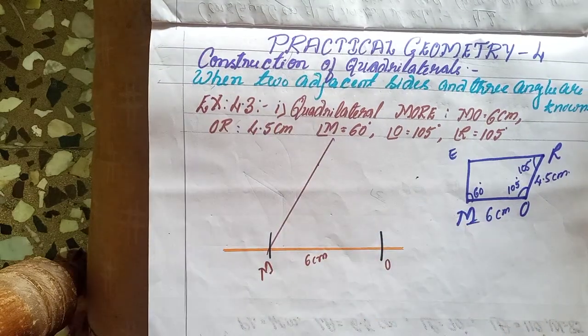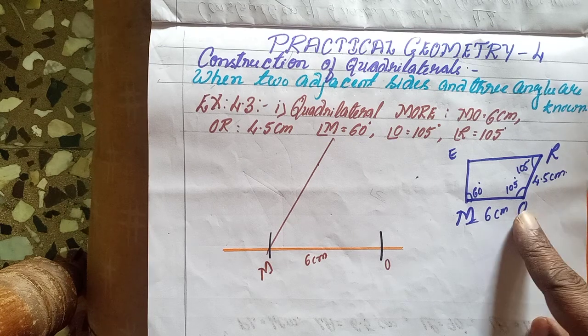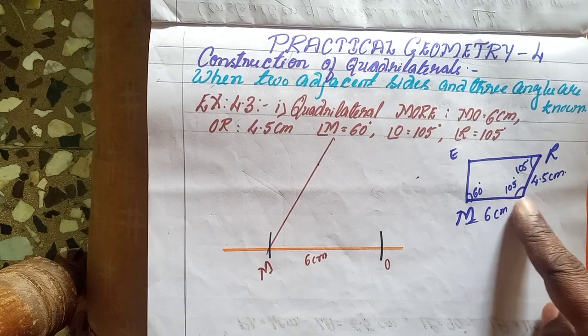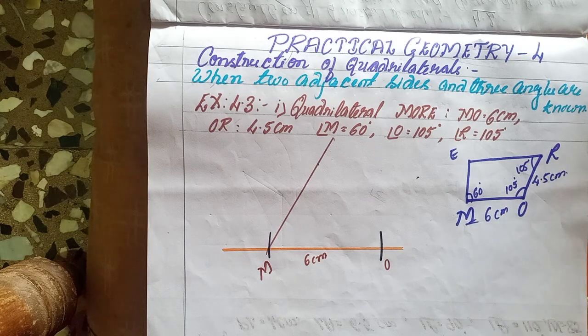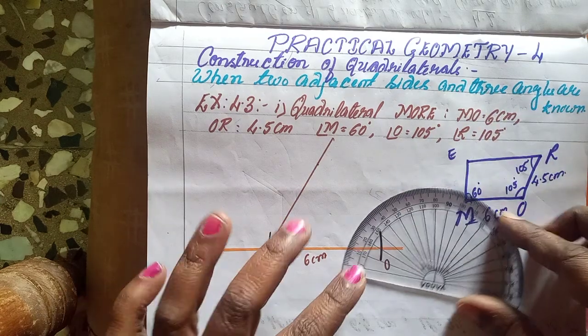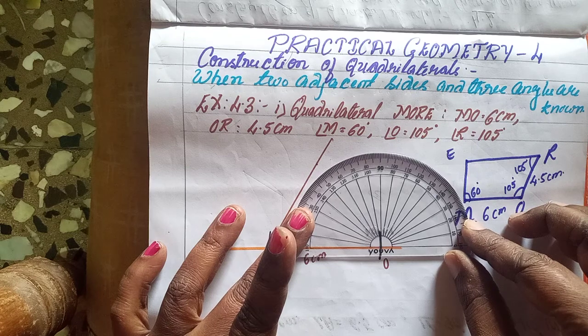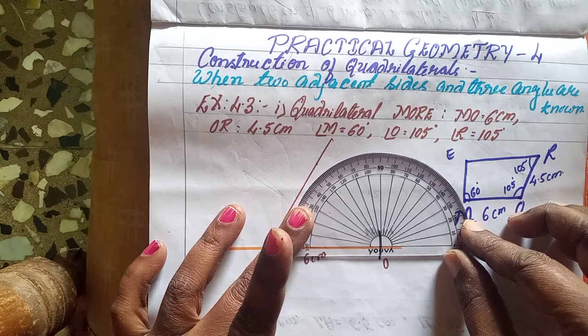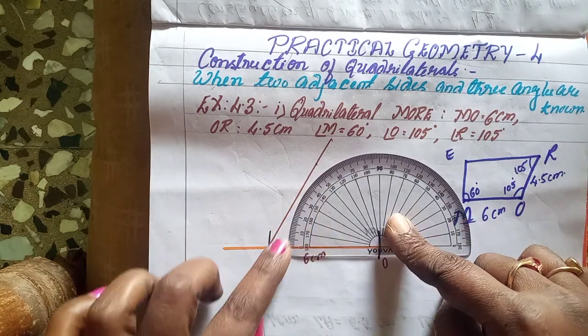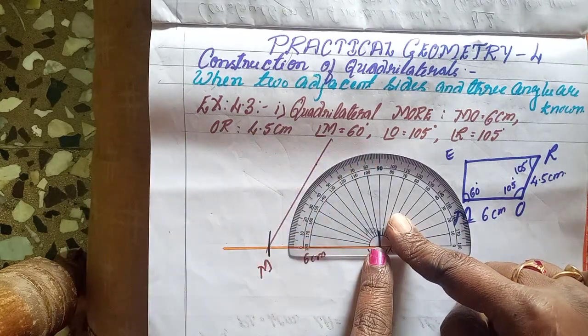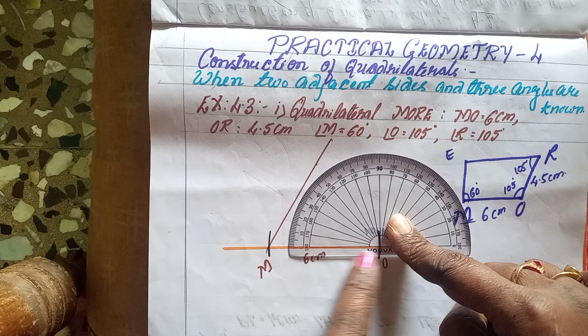Now here angle O is given. Angle O is how much? 105 degrees. How to construct angle O? The center point should exactly coincide with the point O like this, and then count from left to right, because the line is passed to the left.